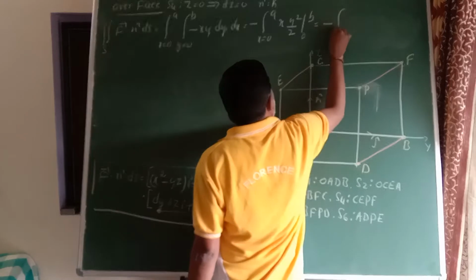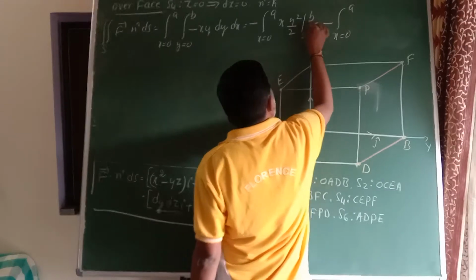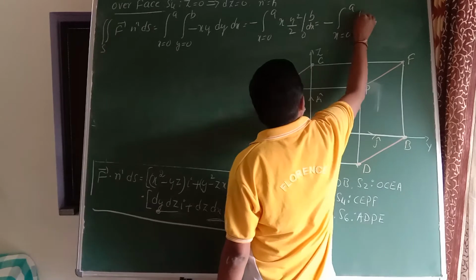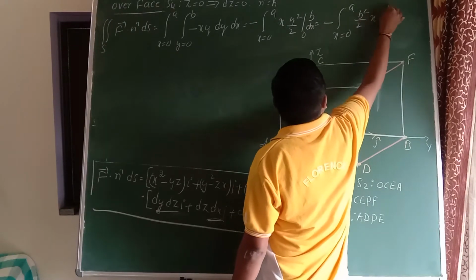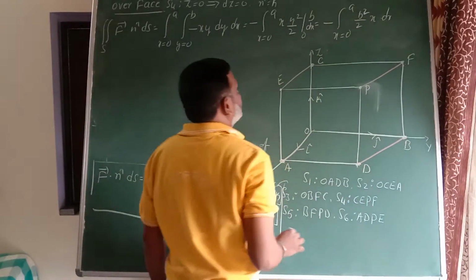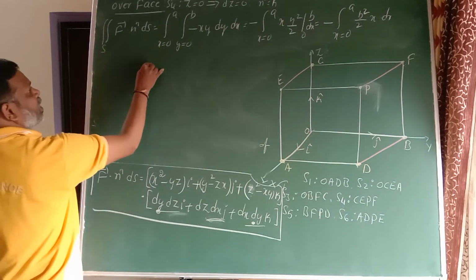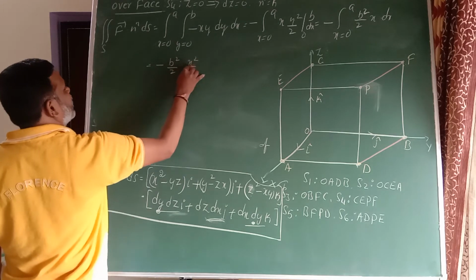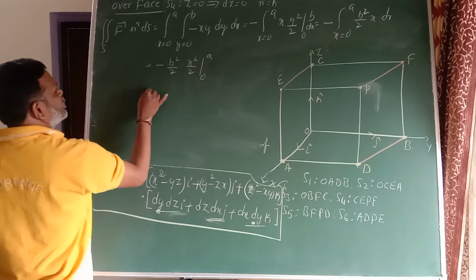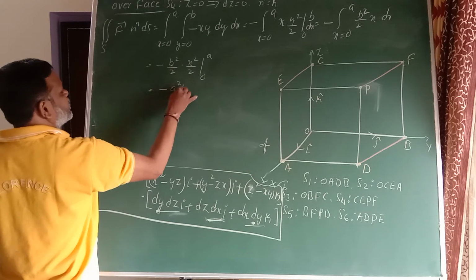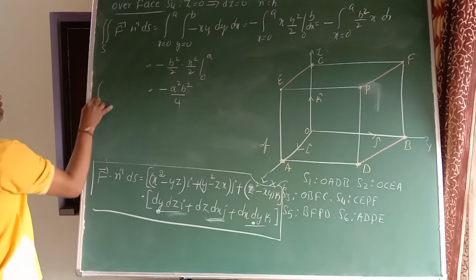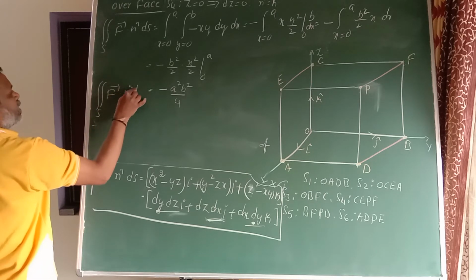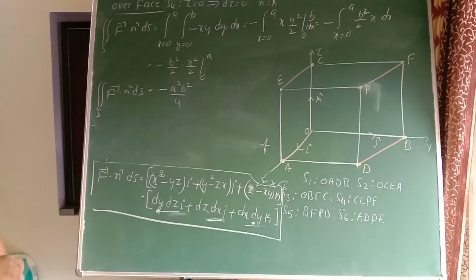It is equal to minus, x from 0 to a, here we left dx, y is b square by 2 into x dx. Now integrate over x. So that becomes minus b square by 2 into the integration of x, which is x square by 2 from 0 to a. So that becomes minus a square b square by 4. This is the double integral over S of F dot n cap into dS.